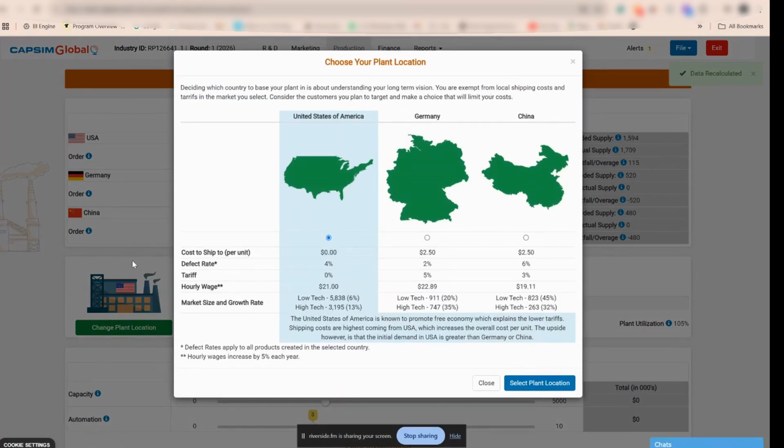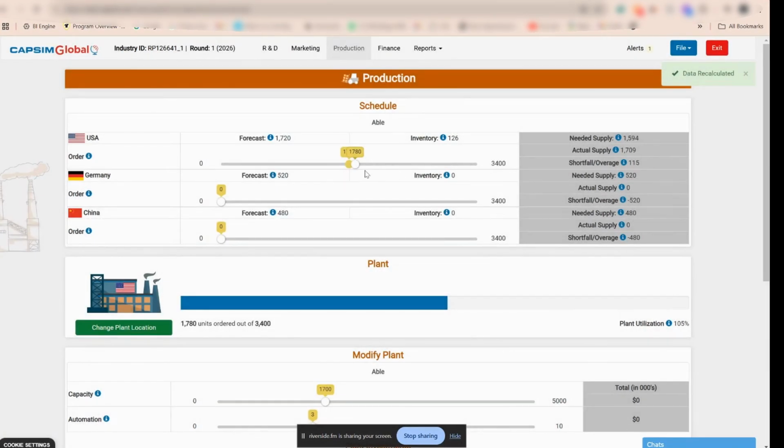There's 4% defect, so you have to consider that. But yeah, this should do for now. 4% defect from 91, which is about 8%. Yeah, so this is fine. So the Germany forecast is 520.